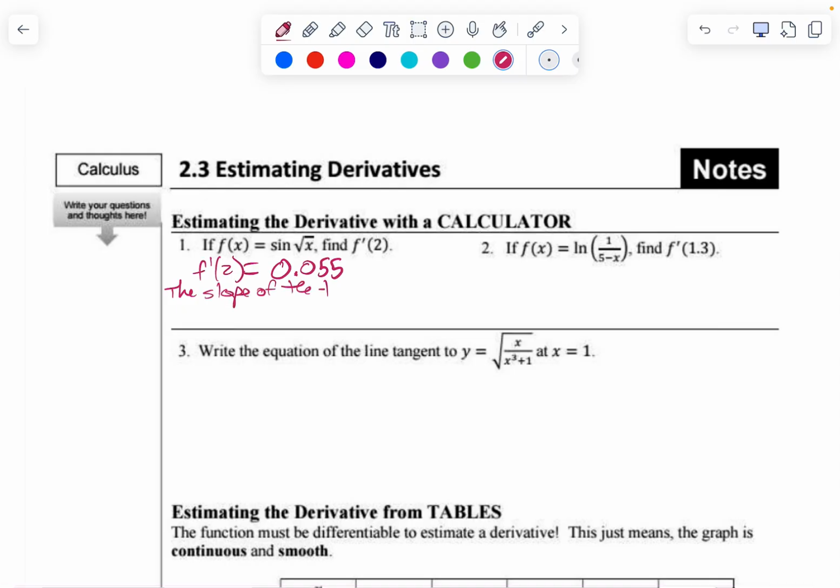Slope of the tangent line to f of x at x equals 2. So it's a slope, right? It's a slope. Slope of a tangent line, not of f, but the tangent line to f. Okay. Go ahead and try number 2, please. Just on your own.